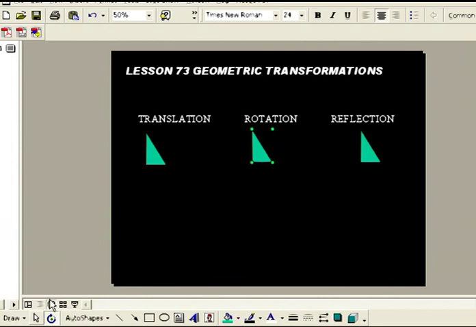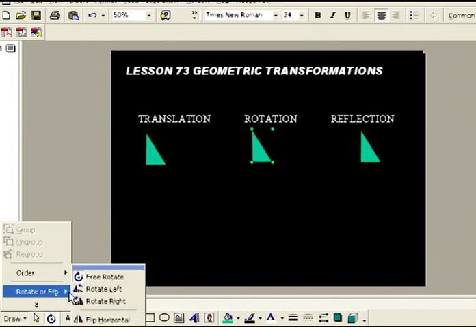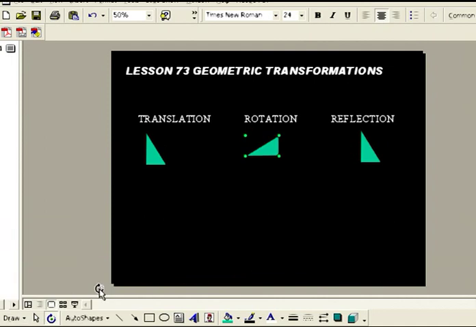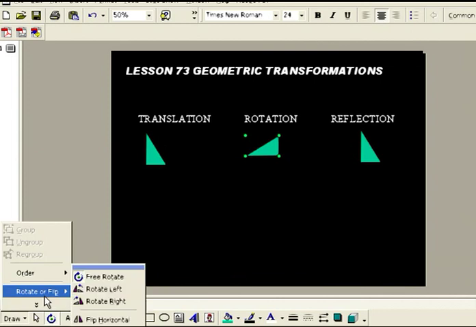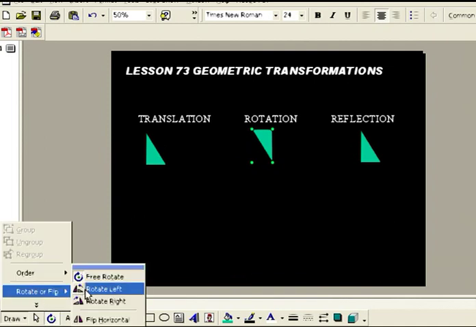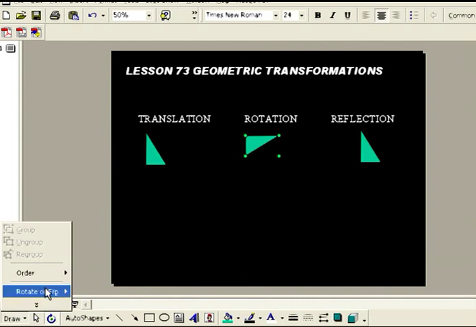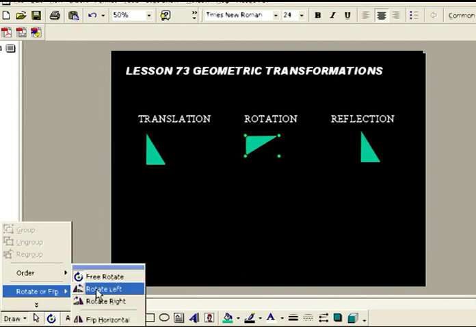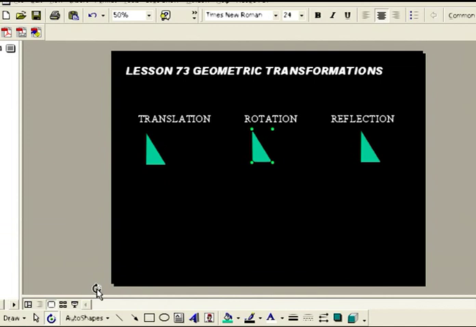And then if you go back down here again, they have rotate left, so we can just rotate it 90 degrees to the left. And so basically a quarter of a turn is what we did there. And we could rotate it again another quarter turn, it'll be upside down. And then we could do another quarter turn. And then a fourth quarter turn should get it back to where it was to start with.